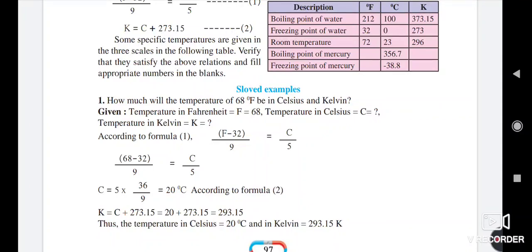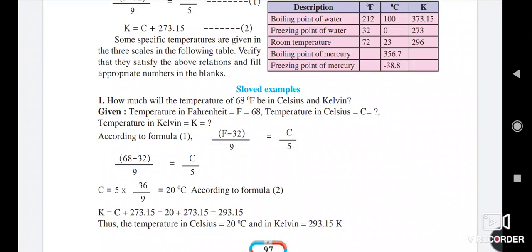According to formula 1, (F minus 32) upon 9 is equal to C upon 5. That is, (68 minus 32) upon 9 is equal to Celsius upon 5. So Celsius is equal to 5 into 36 upon 9. We subtract 32 from 68 and get 36 upon 9.